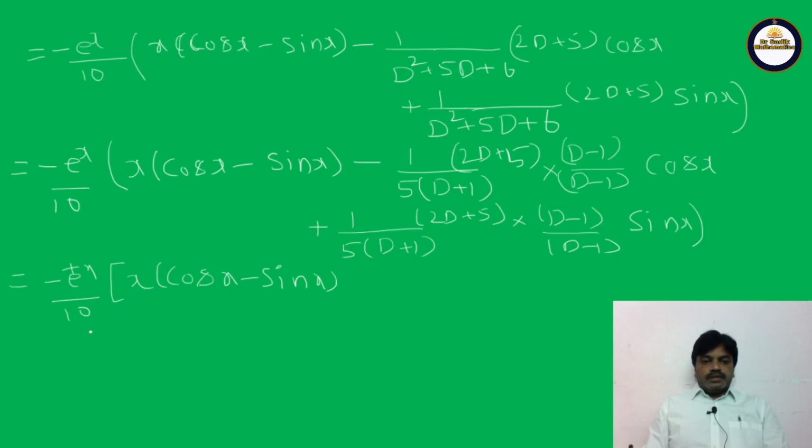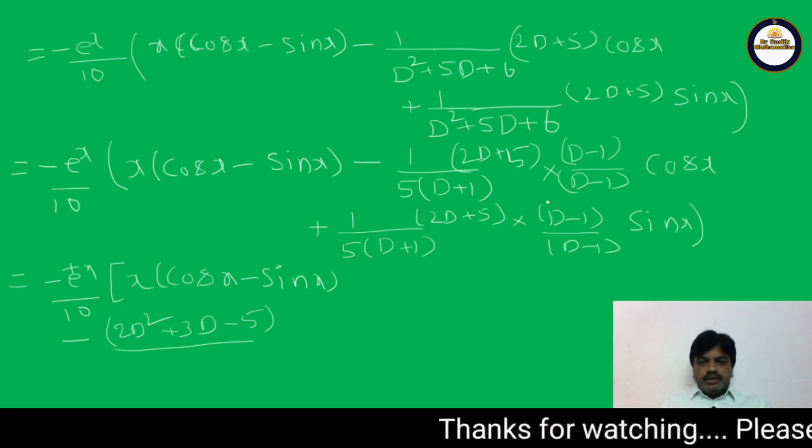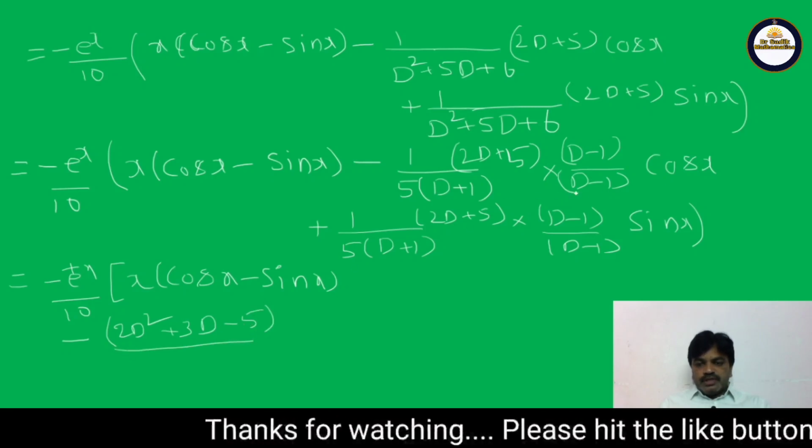We have minus here, right? Minus, multiply with this one, friends: 2 into 2d into d, we get 2d square, bracket here, minus 2d plus 5d, we get plus 3d, and 5 into minus 1, we get minus 5, divided by (d plus 1) into (d minus 1), d square minus 1.